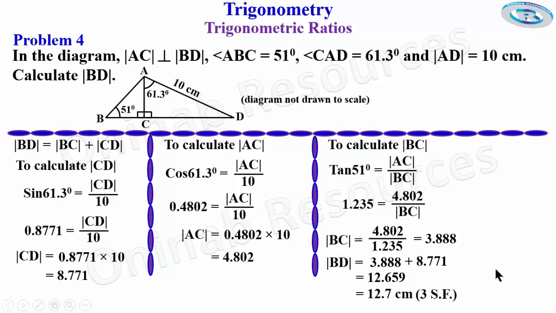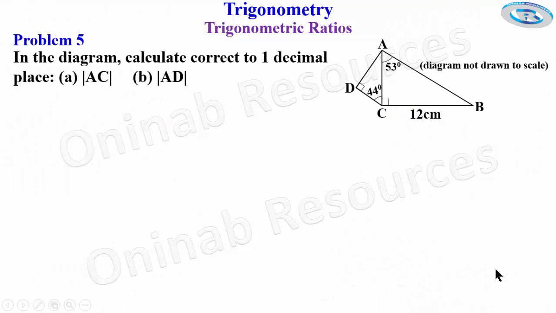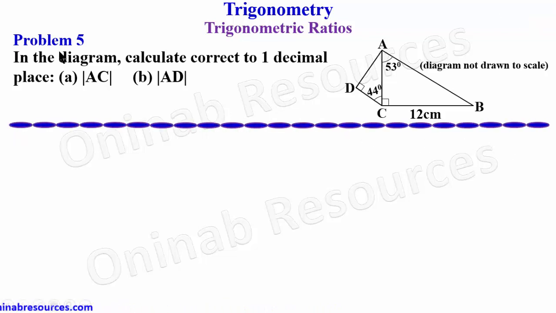We then go to problem 5. For problem 5, in the diagram, calculate, correct to one decimal place, AC and AD. In our solution, starting from A, we have to calculate AC.